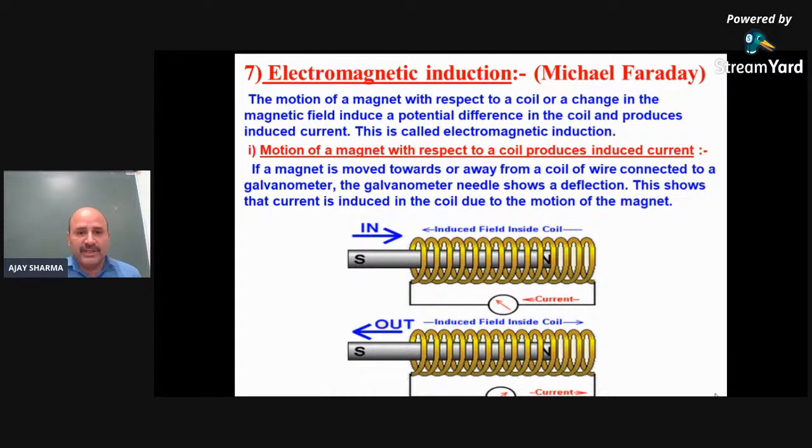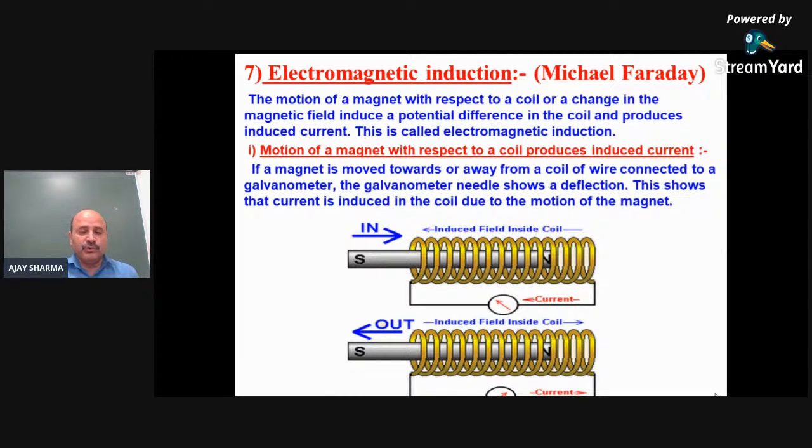They are interlinked with each other, and this was realized by Michael Faraday. It was a revolution in the field of electricity, because it was only after Michael Faraday gave this law that we created generators to produce electricity.